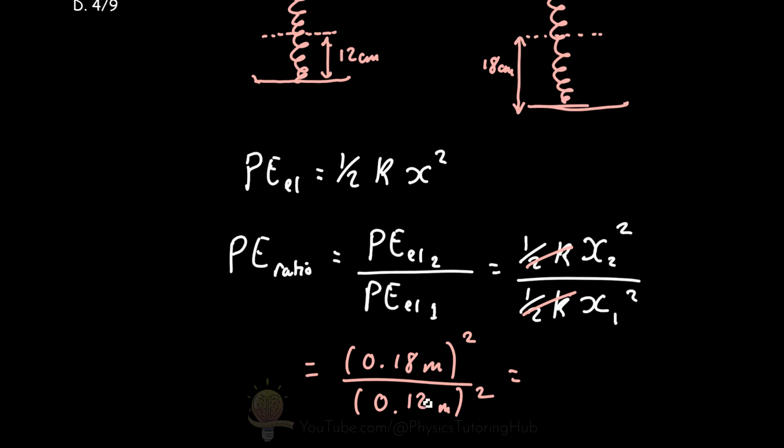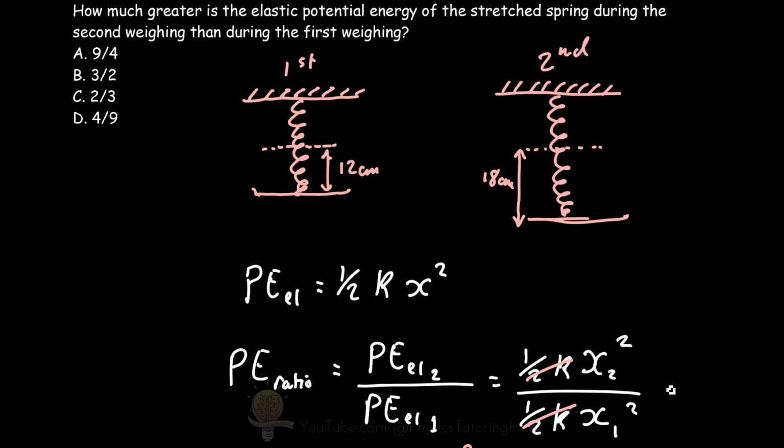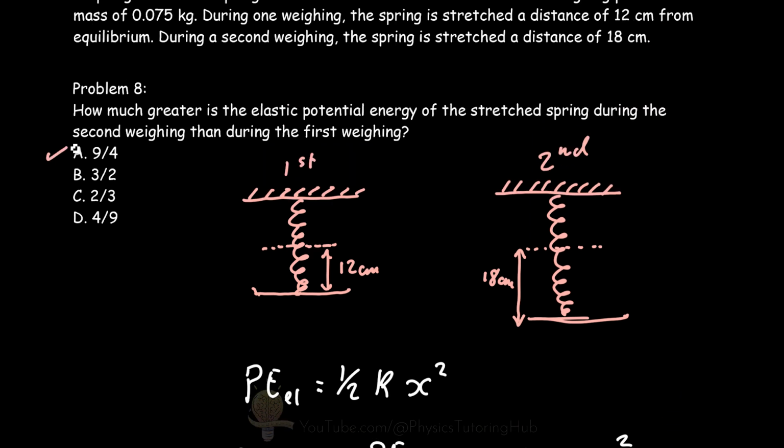Now we can simplify this as 3/2 because the highest common factor in both terms, if this was 18 and 12, would be 6. 6 goes into 18 3 times, and 6 goes into 12 twice. So we've got 3/2 squared. If we square the numerator and denominator separately, we get 3 squared, which is 9, and 2 squared, which is 4. So we get a ratio of 9/4 here, which is answer A.